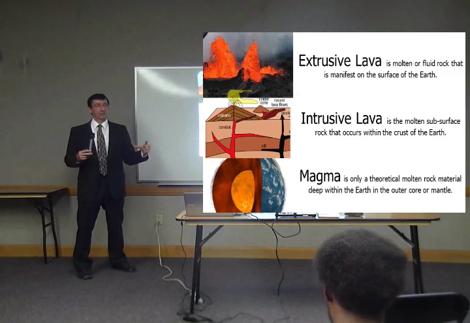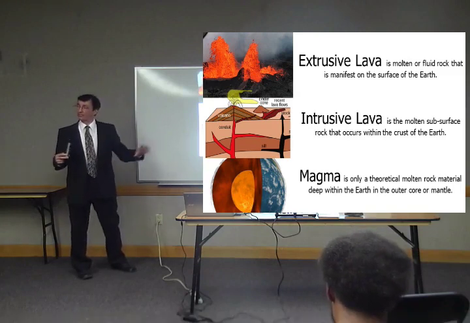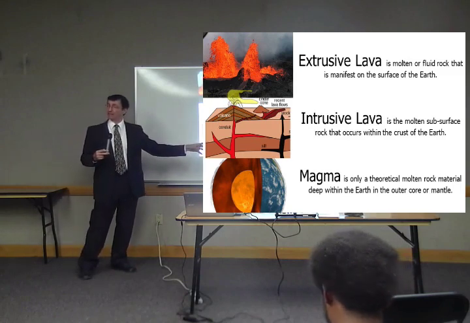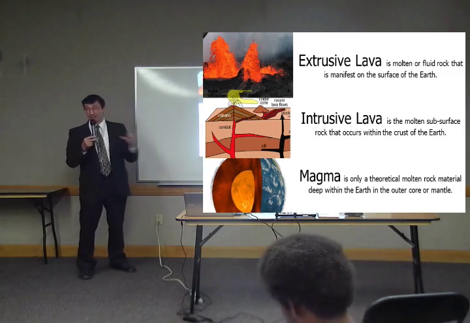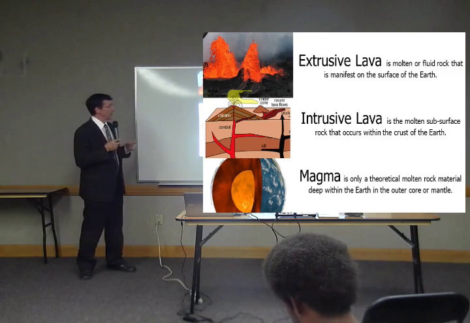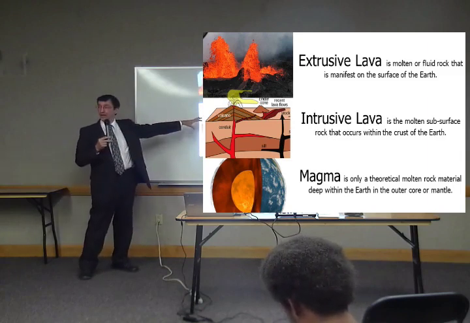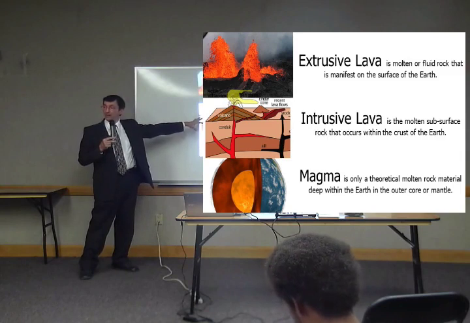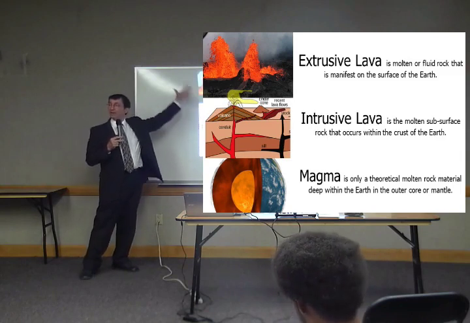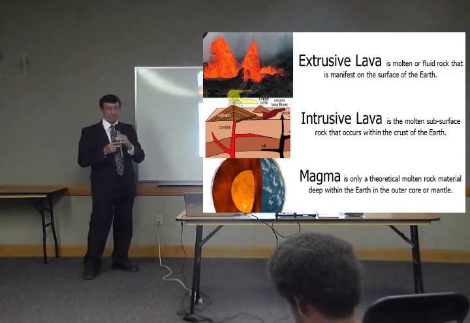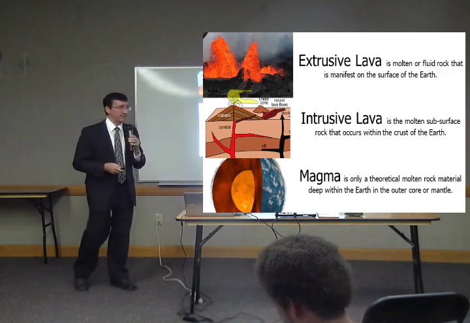So that's the real question. Was it that way, and there's still molten rock inside it, even after 4.5 billion years? Or is the lava being created in the crust of the Earth and then coming out of volcanoes? So that's where the difference is.